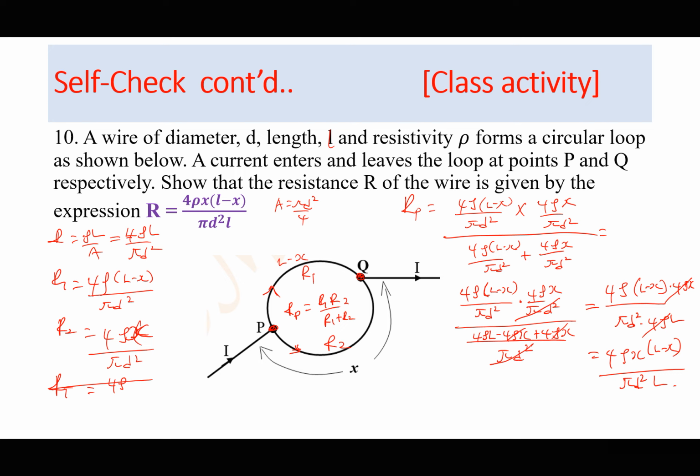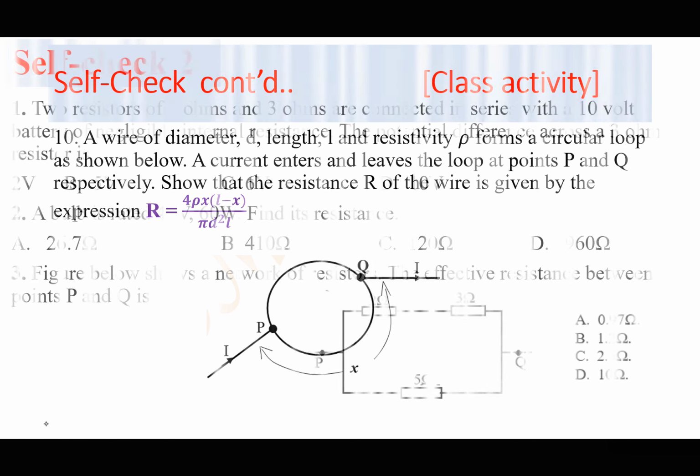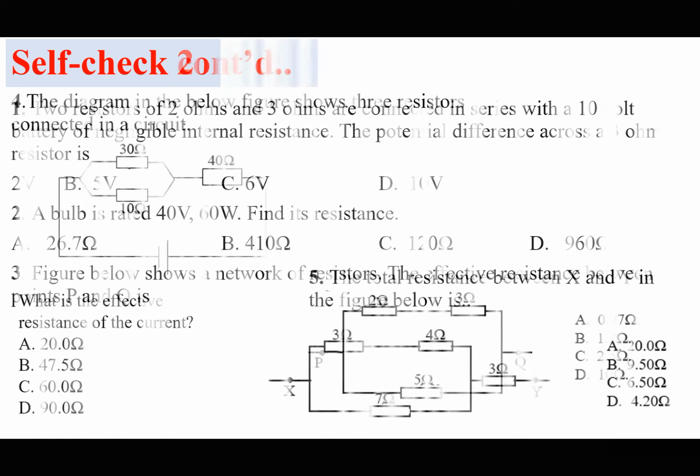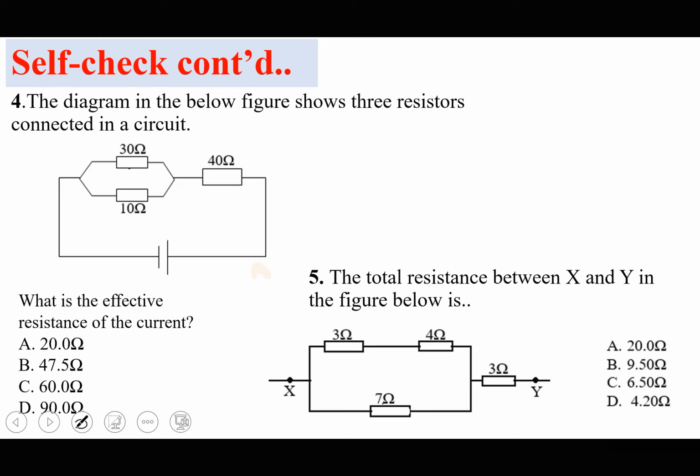Okay, so you now qualify to solve all the remaining questions. I'll just show you the page and proceed. So self-check 2, you can just try out these questions. That is question 1, question 2, question 3. Those are easy questions. Question 4, what is the effective resistance of the circuit? Questions 4, 5 are easy.